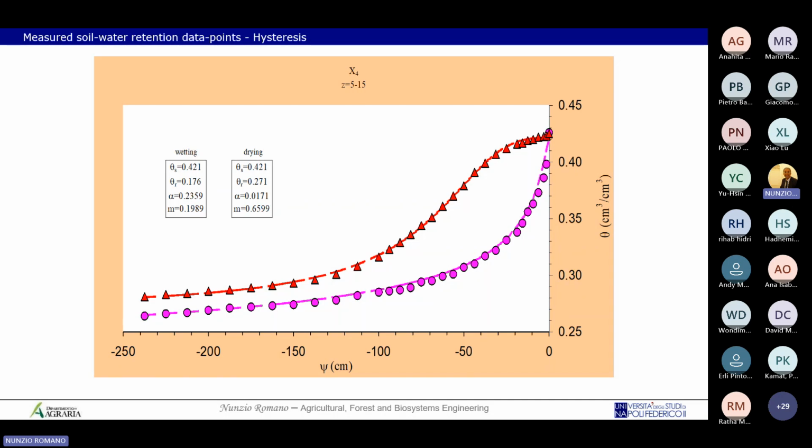But this is usually neglected in practical applications, or you consider it only if your soil is a real sandy soil, or if there are infiltration and redistribution processes that require this information. But I'm also very happy to show you that very precise laboratory experiments can highlight this phenomenon.